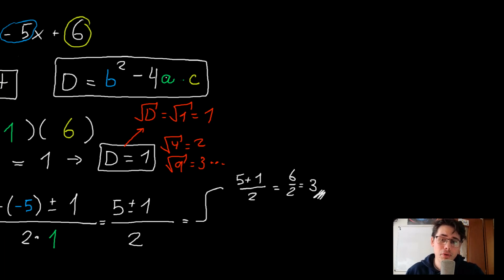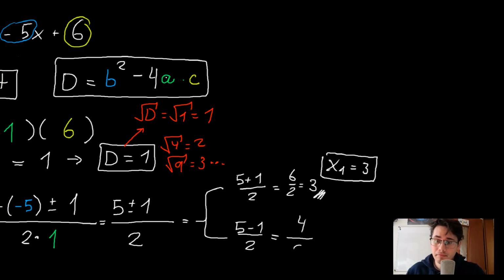Our first root is at x equals 3, and we'll prove it to be true by plugging it into the expression. Now, 5 minus 1 divided by 2. That's 4 divided by 2, which is 2. Our second root is 2.